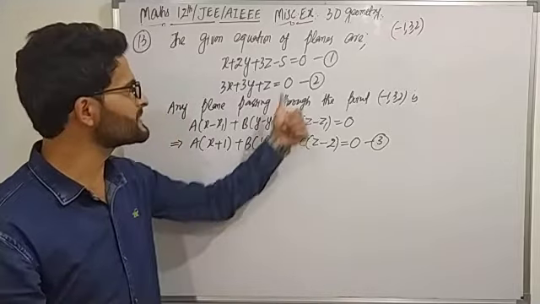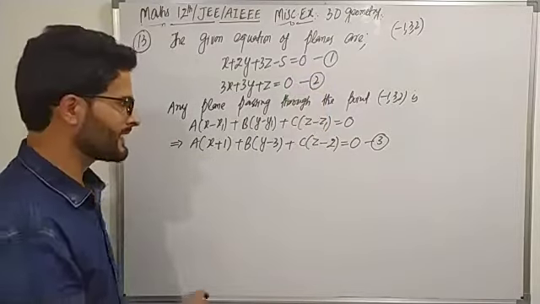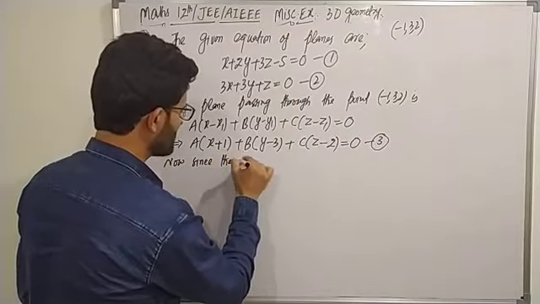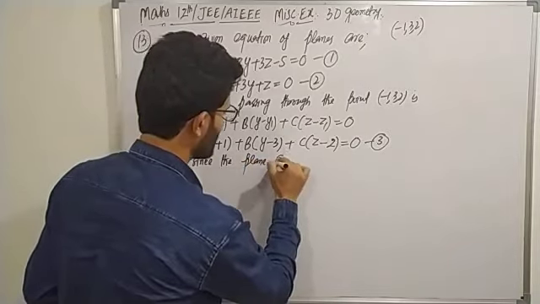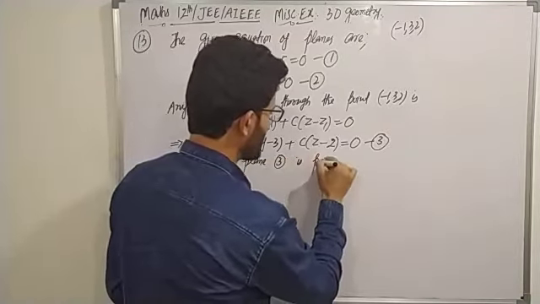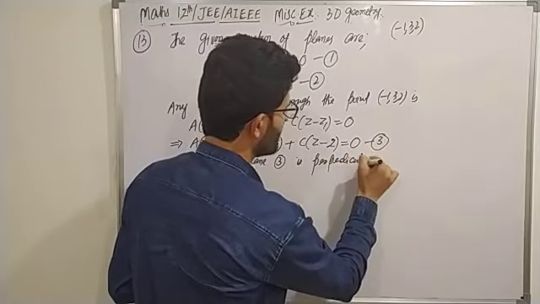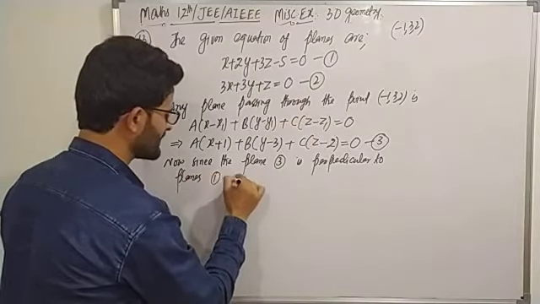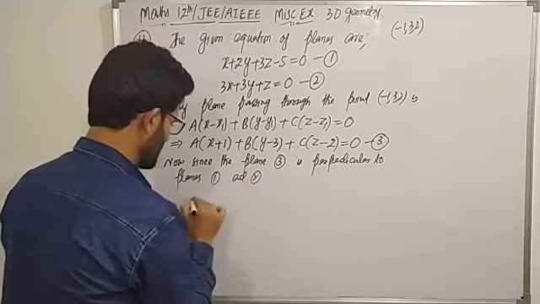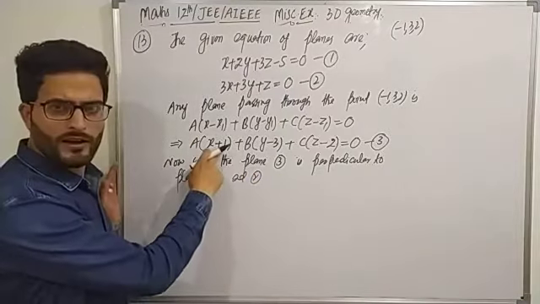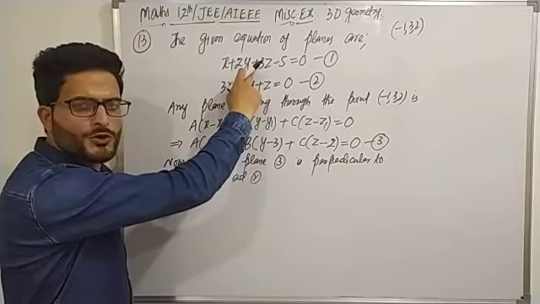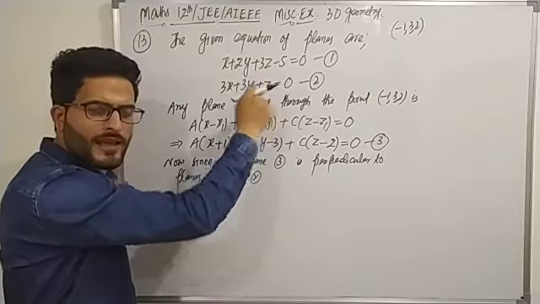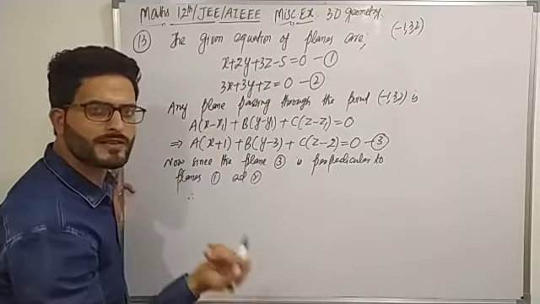Now since the plane 3rd is perpendicular to planes 1st and 2nd, therefore the sum of products of attitude numbers of plane 3rd and plane 1st will be equal to 0, and the sum of products of attitude numbers of plane 3rd and plane 2nd will again be equal to 0.